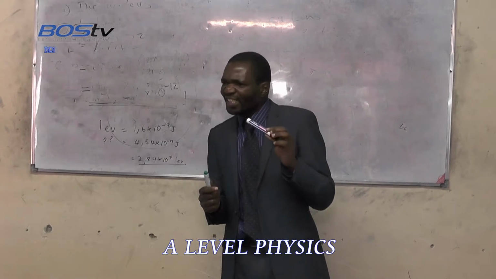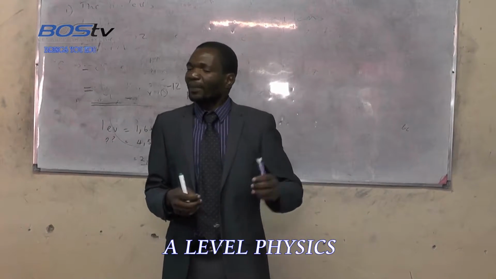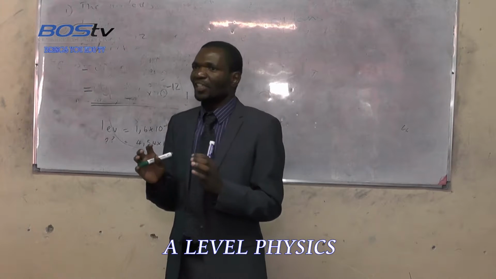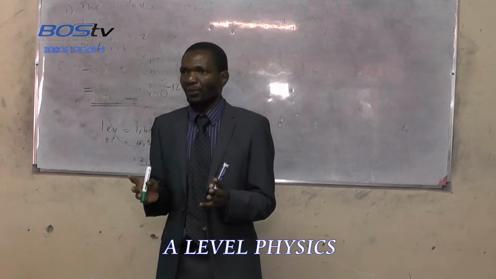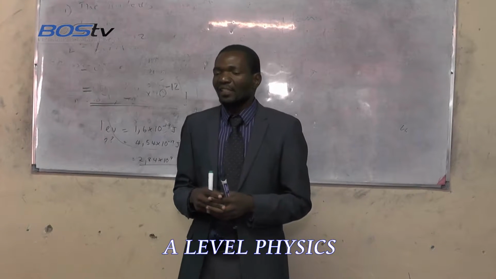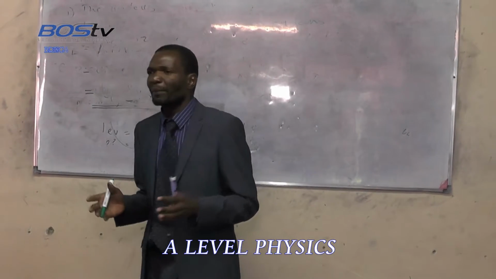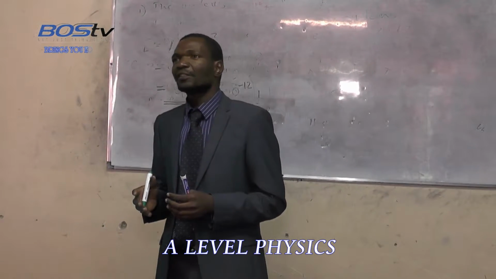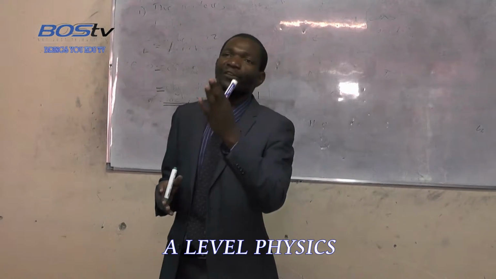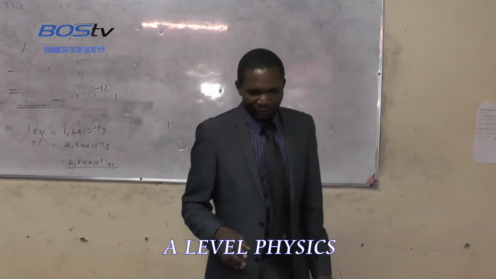So if the attractive term is larger compared to the repulsive term, then the nucleus is stable. Are we together? But if the opposite occurs, the nucleus becomes unstable and it has got the highest probability of disintegrating, class.